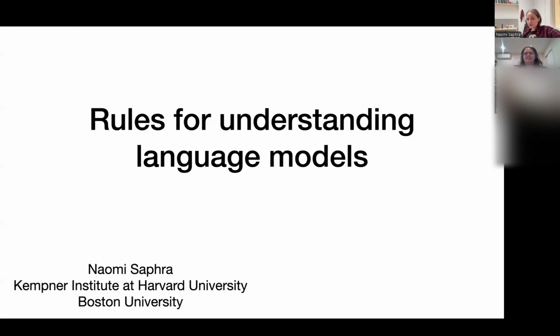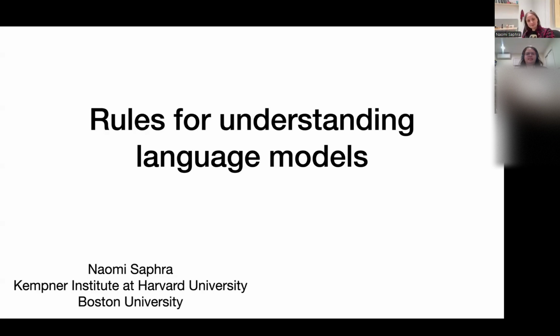I do research about how they learn and why they do what they do. So this talk is going to be broadly about why language models do what they do, and I'm going to be drawing on a lot of the research I've done and more general observations about how and why language models do what they do.